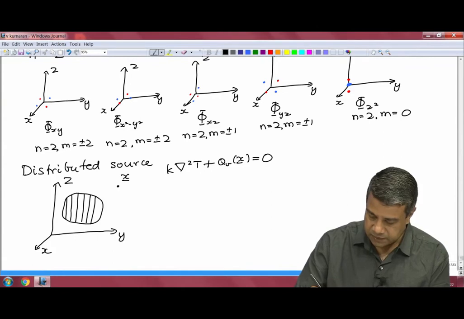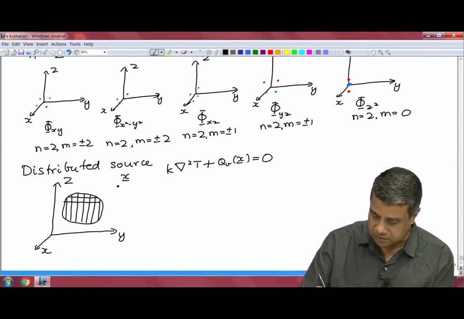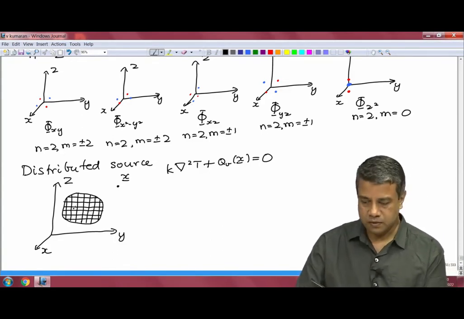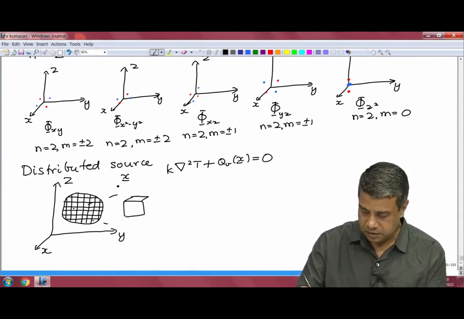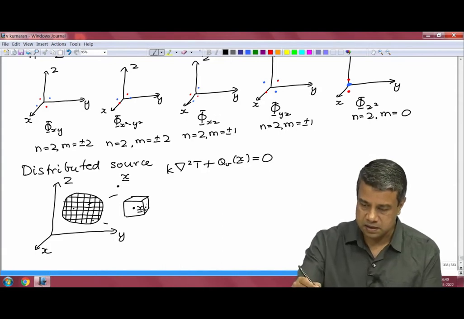Divide this distributed source into a large number of infinitesimal volumes. Each volume, if I expand it out, is centered at the location xi.